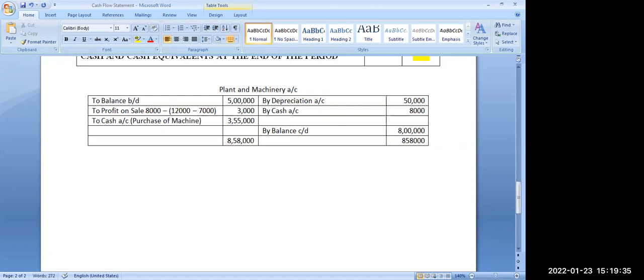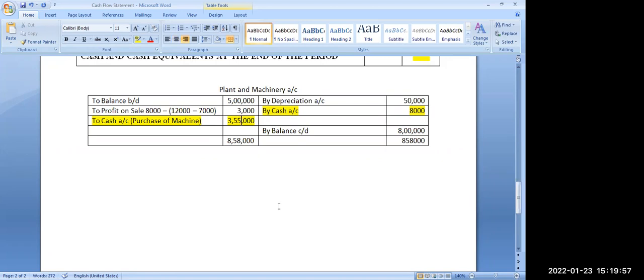So this purchase of machine and this sale of machine, these two will come under which statement? Cash flow statement. Can anyone tell me where this will come? This 8,000 and this 3,55,000. Is it a cash outflow or inflow? Outflow.